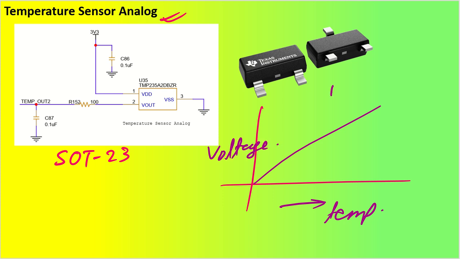Let us say for each 1 degree centigrade, there will be a 10 millivolt voltage variation. This particular IC shows that characteristic. As the temperature increases, the voltage at this V output will increase, and this goes to the ADC pin of the microcontroller or ADC converter, anything is fine. Understood? So this is one more application circuit.